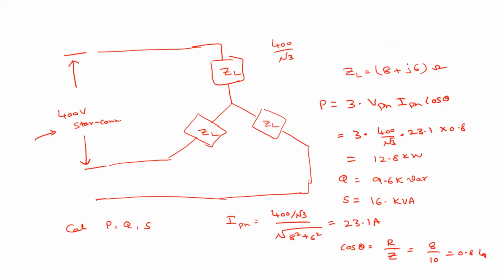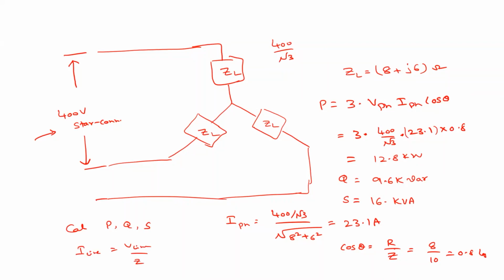If I calculate I line and I phase, both are the same, you told, no, sir? Then can I write I line as V line divided by impedance? That is not the relation, right?